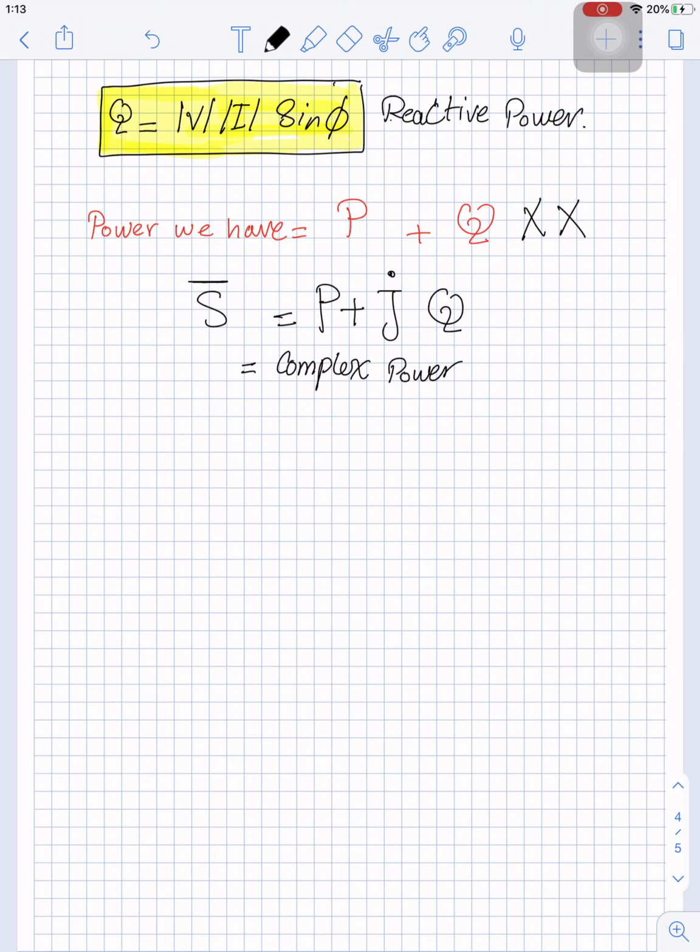To avoid any confusion, they decided to give each term a different name. So for P, we name the volt ampere as watt. So the unit watt is used only for P. For Q, we name the volt ampere as volt ampere reactive, or VAR.